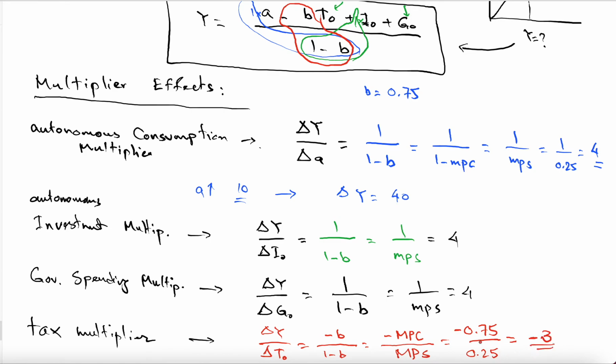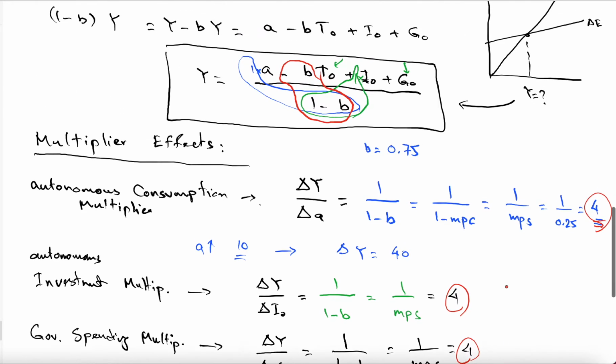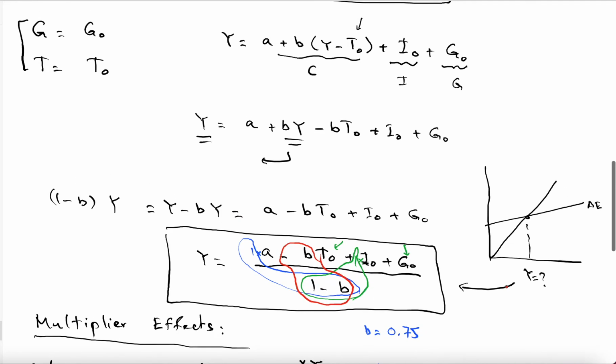So this is the only one which is different from these 4s. They are 4 and this one is minus 3. So in terms of absolute value, or the magnitude, it is smaller, and in terms of the sign it is different. It means that if the tax is increasing, then it's a shift downward.